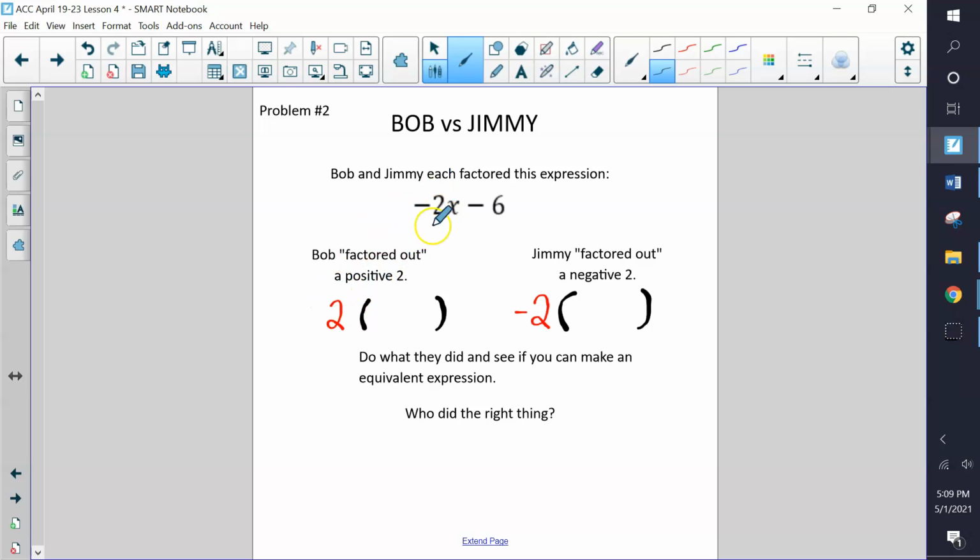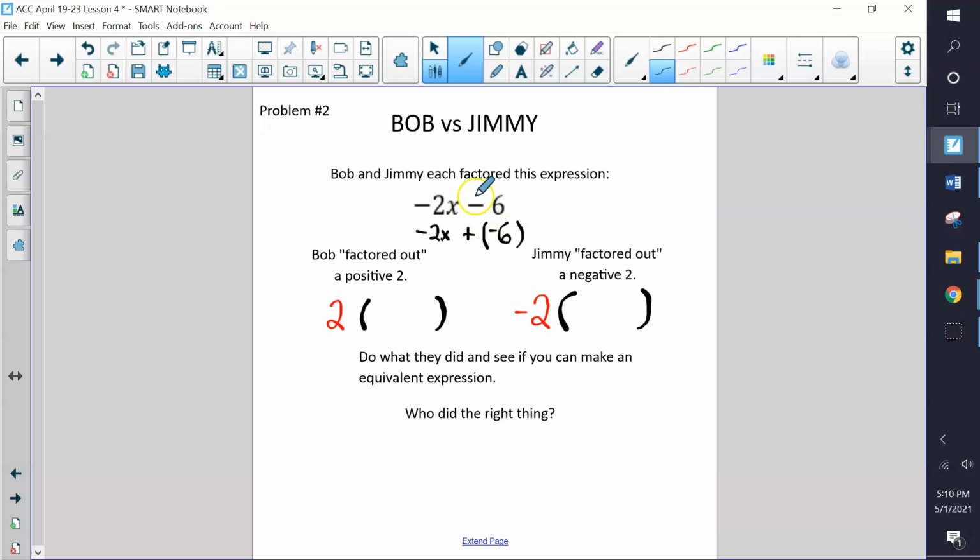So if we divided both of these by 2, you may want to have written this as an addition problem. So this is going to be plus a negative 6 right here. You might start seeing this as, here's my negative 2x, and negative 6 is just right here.